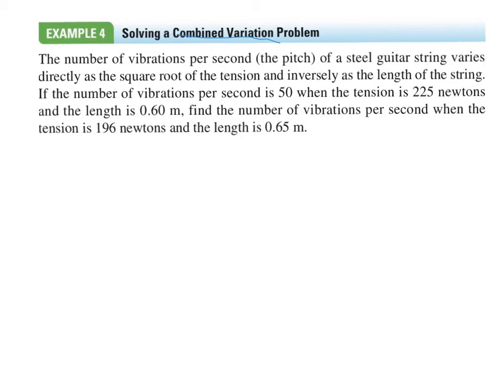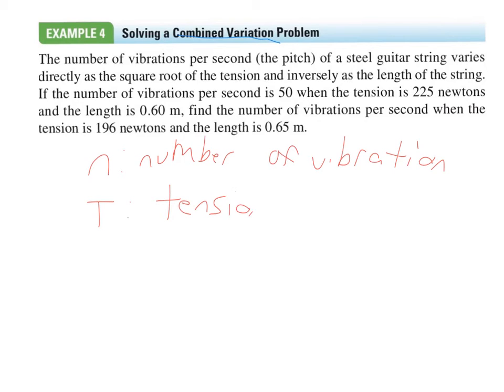So, N is the number of vibrations, T is the tension, and L is the length of the string.